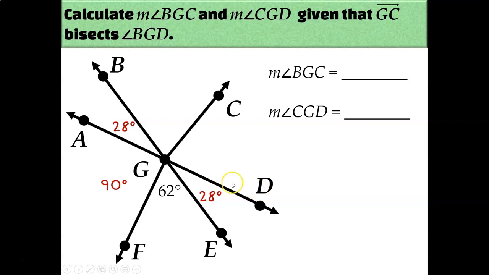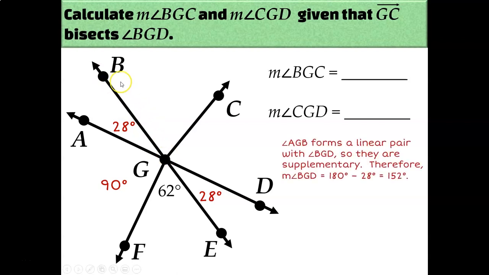I think we probably could, because doesn't angle BGD form a linear pair with angle AGB? Ray GA and ray GD are opposite rays, and angle BGD and angle AGB share side GB. That makes them a linear pair, which means they have to add up to 180 degrees.